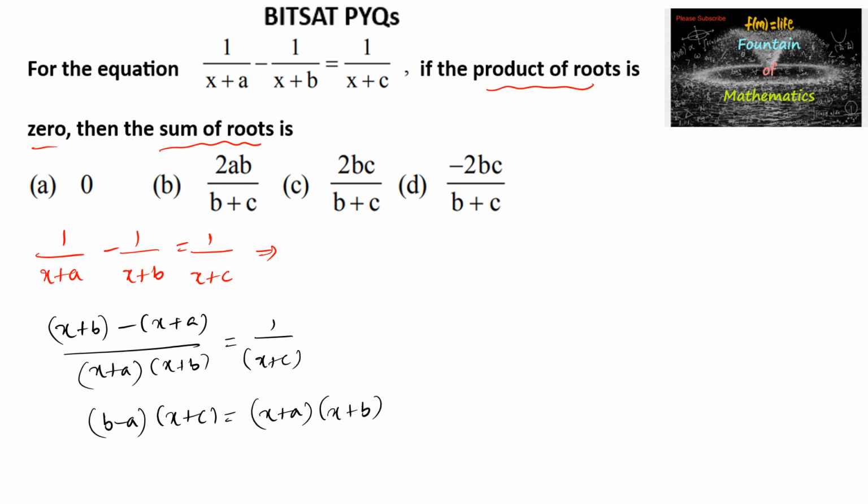Let us simplify here. x times (b minus a) plus c times (b minus a) is equal to x square plus (a plus b)x plus ab.